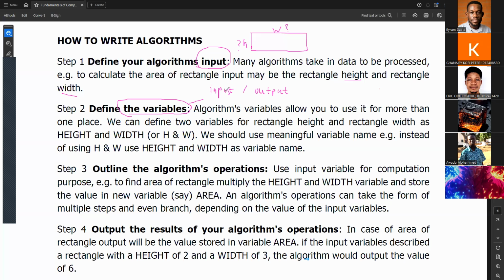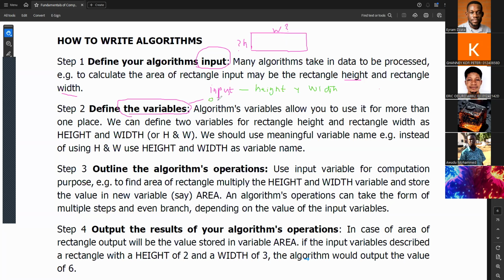In our context, the input variables are going to be our height and our width.